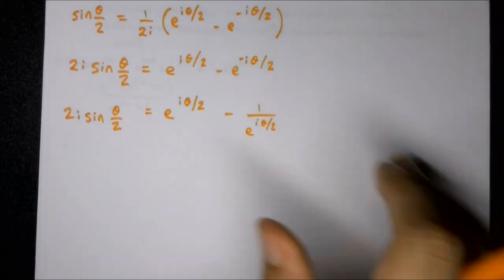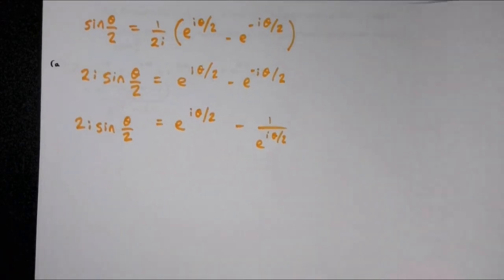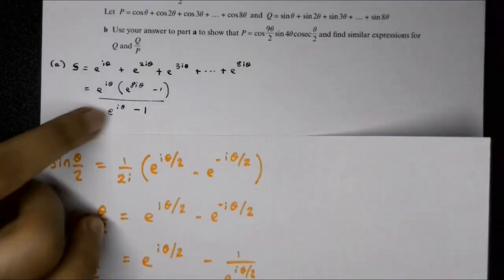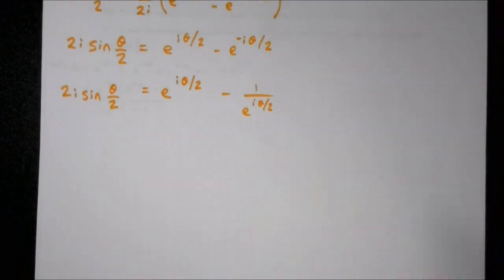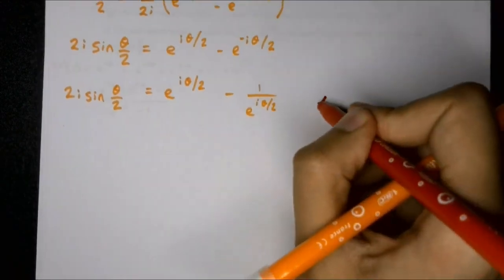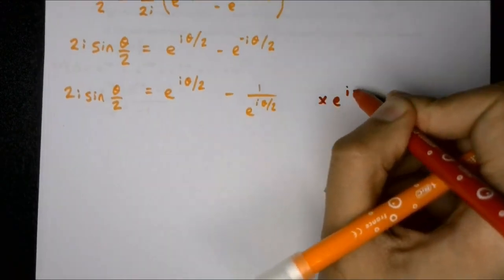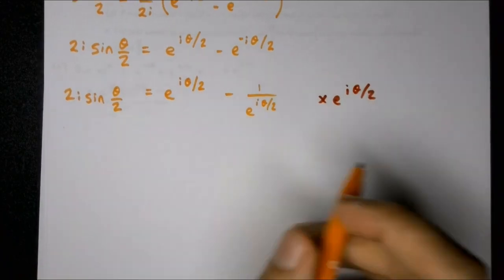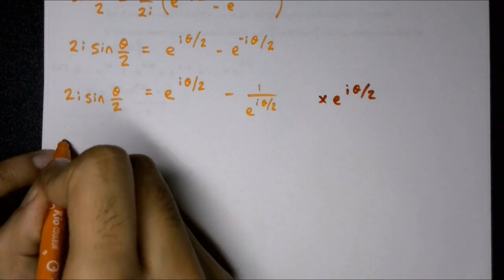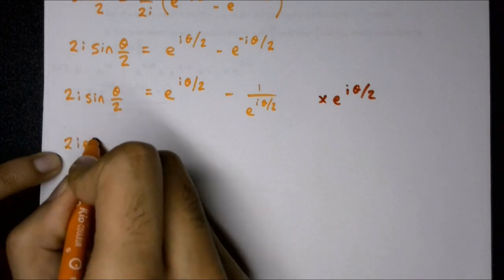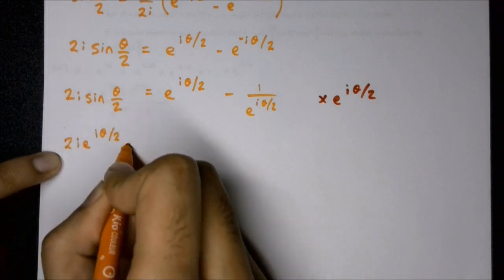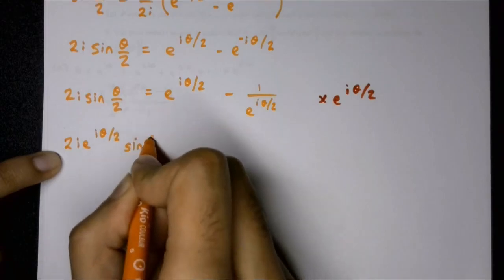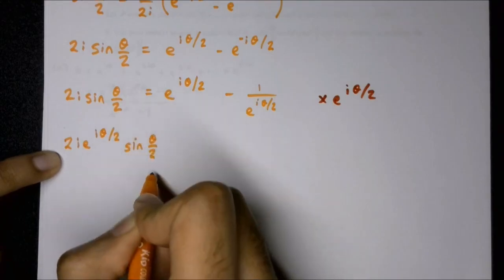So what we want to do is get a 1 over here. So the way we can do that is we can multiply, as we did before, both sides by e to the i theta over 2. So when we do that, we have 2i e to the i theta over 2 sine of theta over 2.